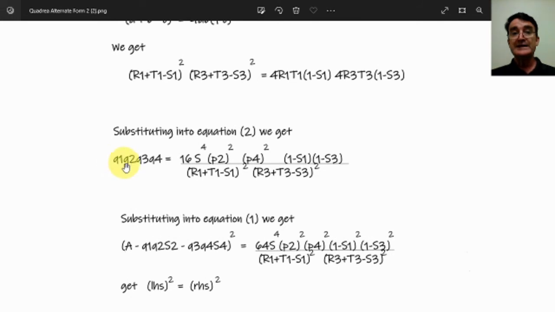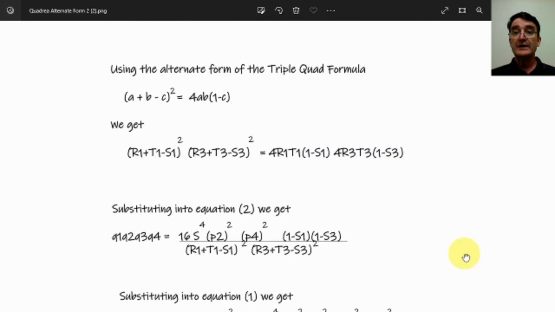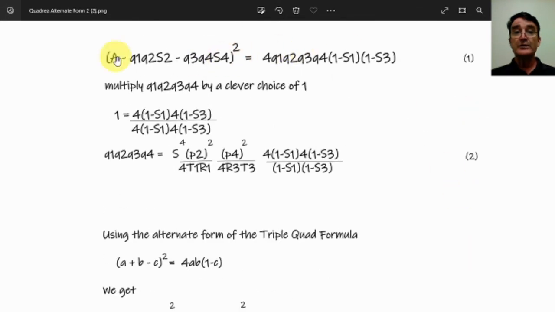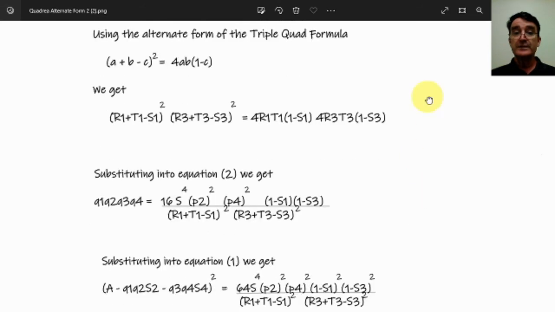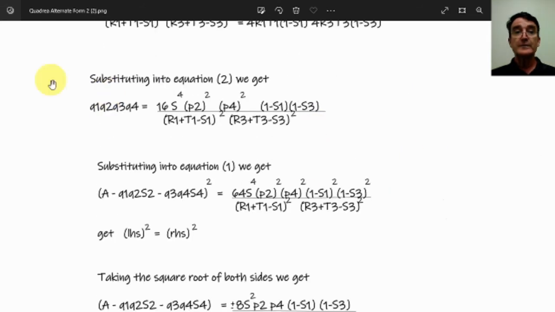And then lastly, we're going to substitute Q1, Q2, Q3, Q4, this right-hand side for that, into equation 1, which is our initial equation for the quadria of the projective quadrangle. So we're going to replace Q1, Q2, Q3, Q4 in equation 1 with what we arrived at previously.